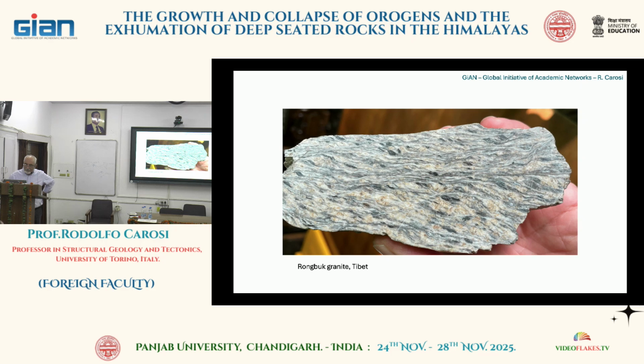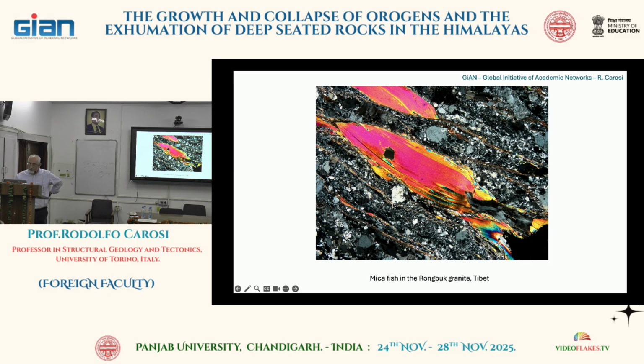Here's the surface where you can see a little bit better the feldspar, the mica fish, this dark big crystal, the C structure, the S structure, the model one. In this section, you have a beautiful mica fish, this red one. So the sense of shear is very clear. There is a strong recrystallization on the rim of this white mica, and also on the tails of the fish. This stuff is recrystallized mica.